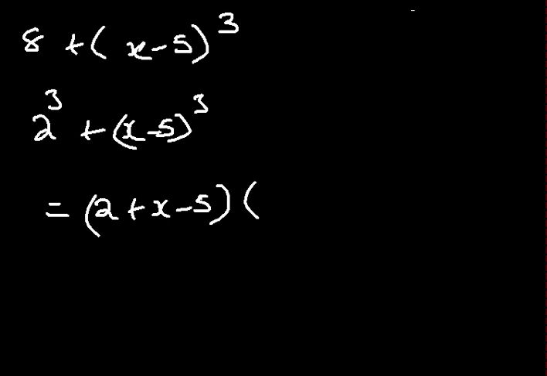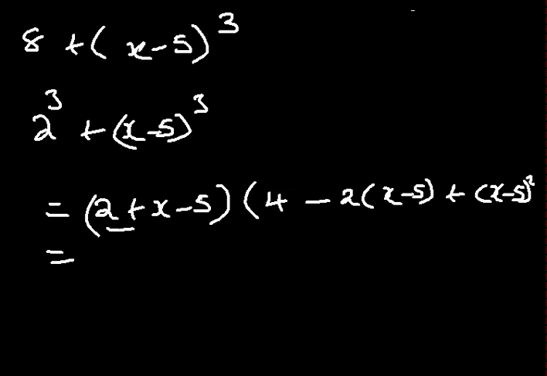Then we'll have 2 squared, 2 to the power 2, that will be given as 4. And minus 2 times (x minus 5), and a plus (x minus 5) to the power 2. So we can simplify this.